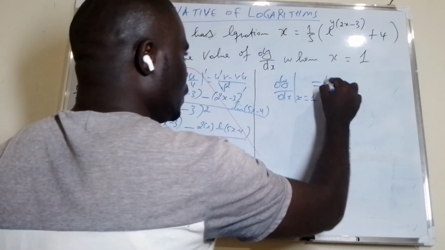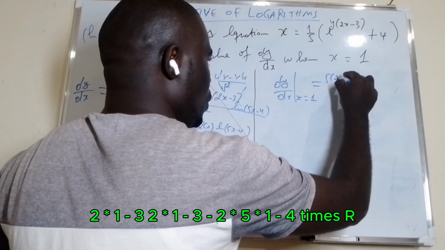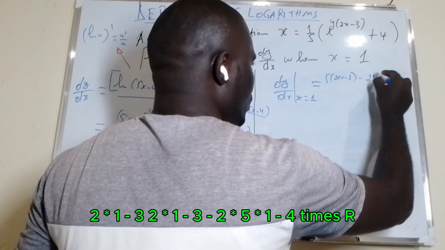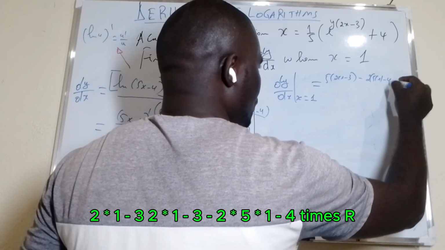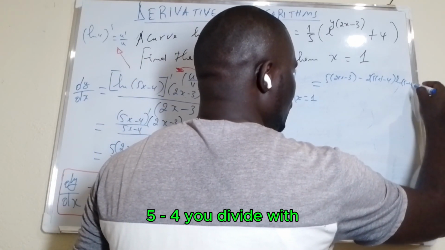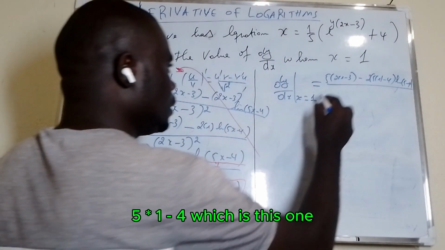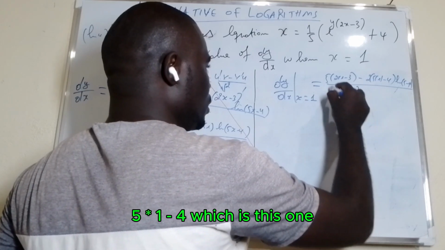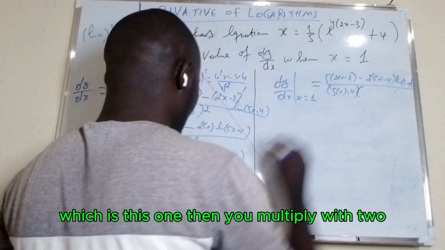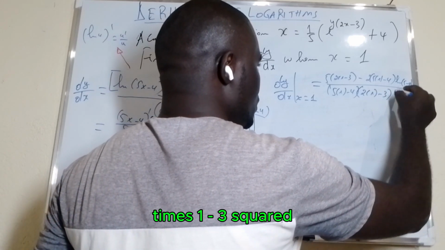We have 5(2 times 1 - 3) - 2 times (5 times 1 - 4) times ln(5 - 4). We divide with (5 times 1 - 4), which is this one, then we multiply with (2 times 1 - 3) squared.